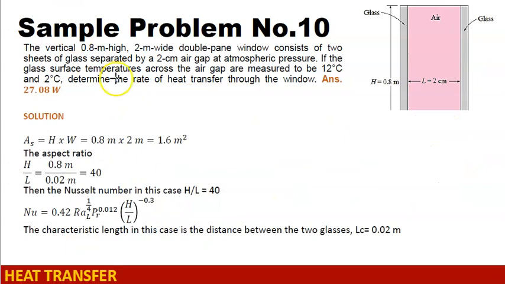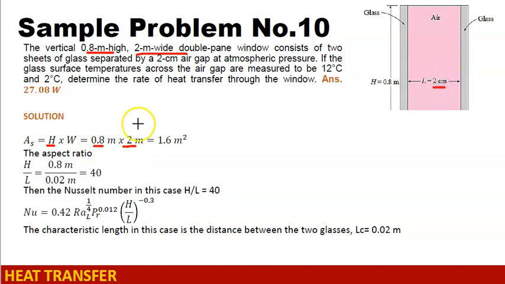For the surface area, the dimensions are given: a 0.8 meter high and 2 meter wide double pane window. So the surface of the window is 0.8 meter by 2 meter. Take note that this 2 cm is the gap.